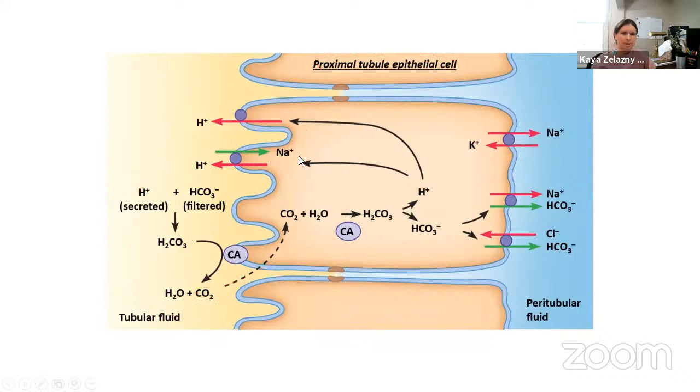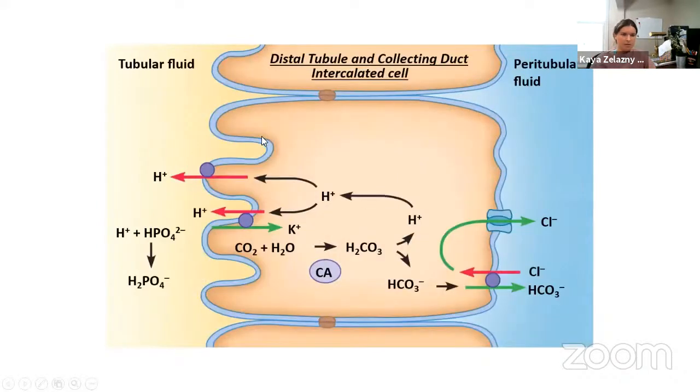This differs a little bit from what's happening in the distal tubule and the collecting duct, and I'm going to try to highlight for you the big difference here. So the big difference is that we consider the distal tubule and collecting duct to be able to make new bicarbonate.